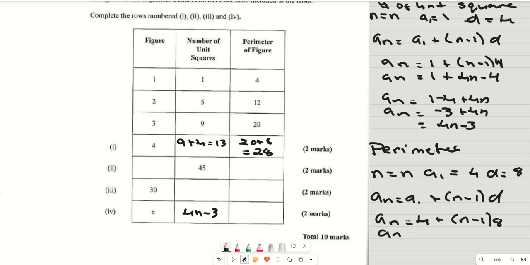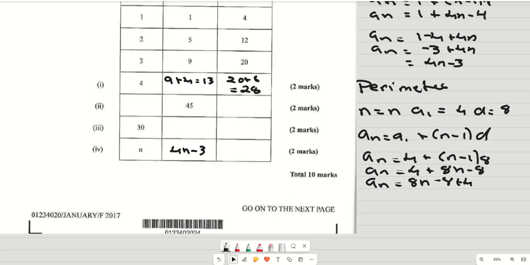That's an equals 4 plus 8n minus 8. So that's an equals 8n minus 8 plus 4. Let me just go up so I can have space. So an is equal to 8n minus 4, and that would be your formula for this, 8n minus 4.